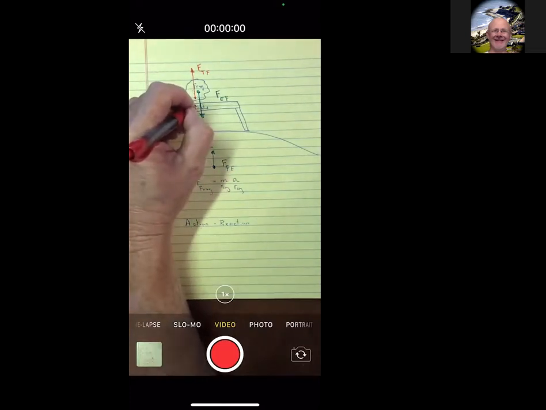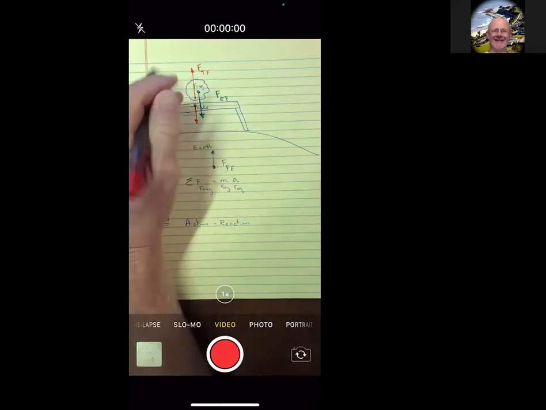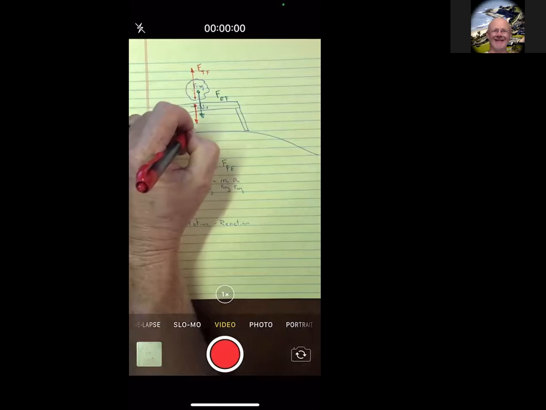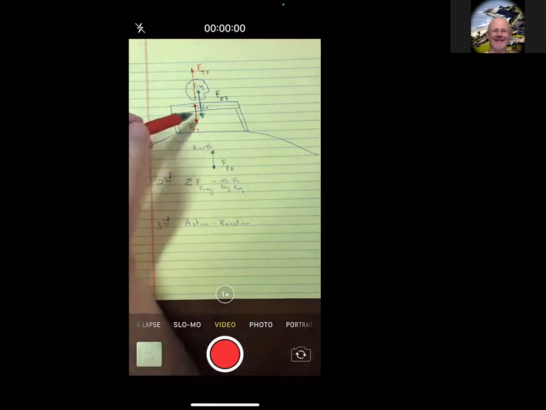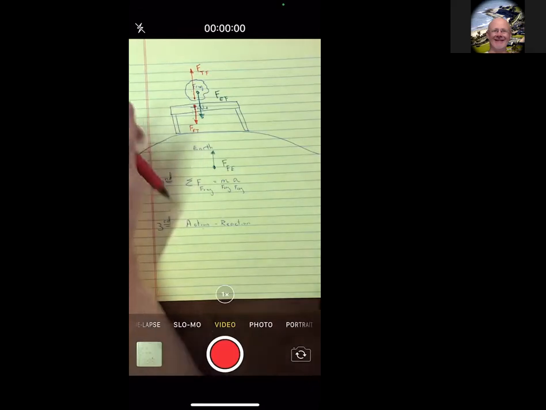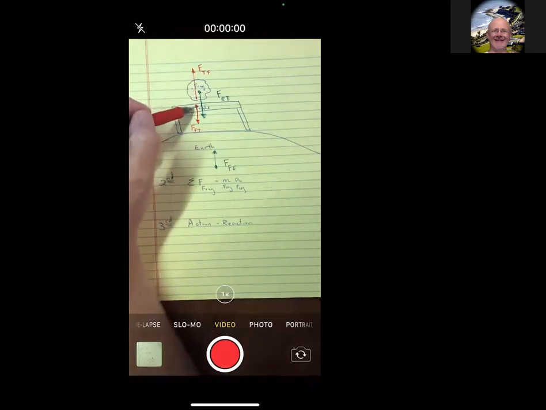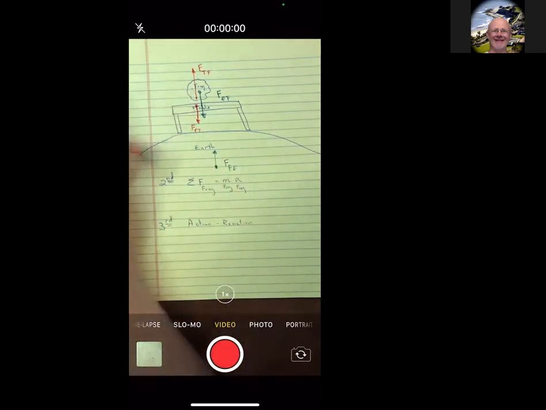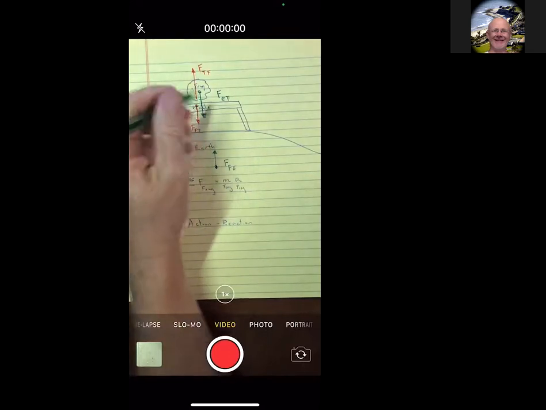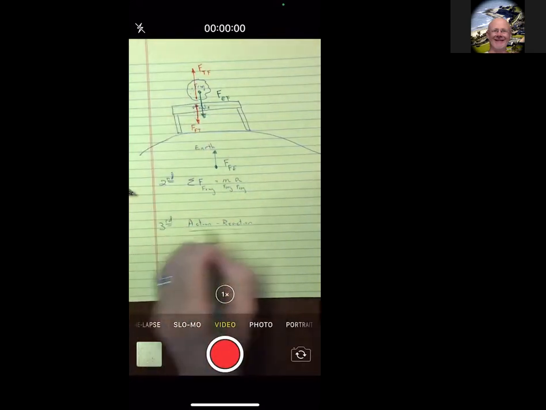So right here, where the frog is in contact with the table, there would be a downward force on the table, and I would label it as force from the frog on the table. And so these two in red are equal and opposite. And notice they're on different objects. This one's on the frog, but this one's on the table. So the pair in red and the pair in green fall into this category of Newton's third law.